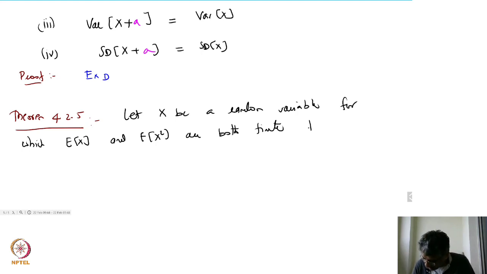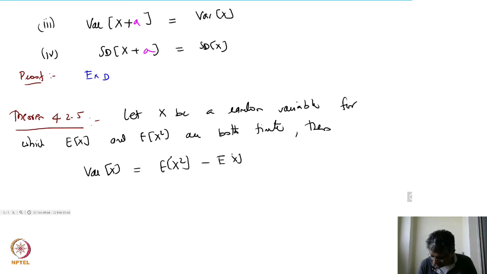Then the variance of x is given by E of x squared minus E of x the whole squared. So the proof is fairly straightforward. Let me just do the proof.